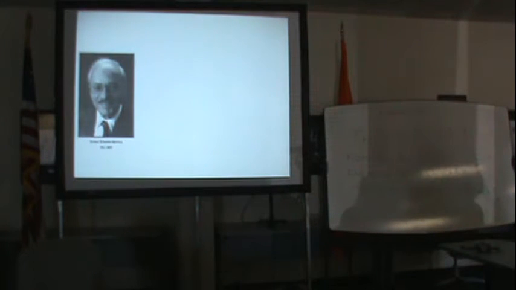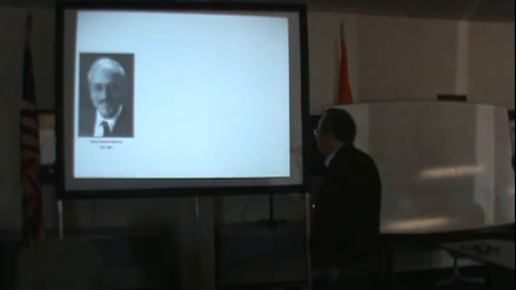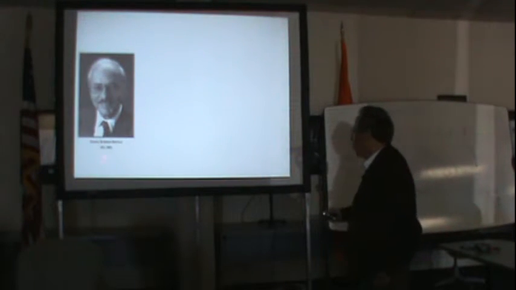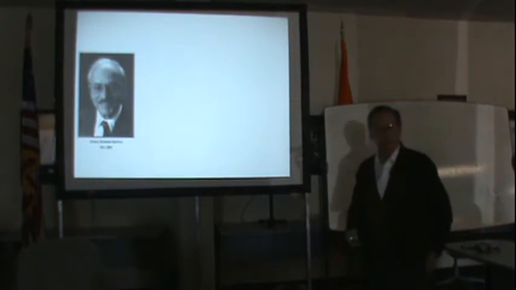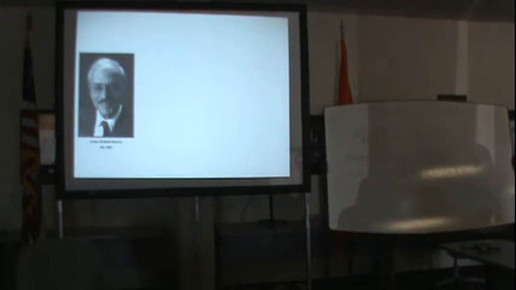This is a photograph of George Bernard Dantzig. He was born in 1914 and he died in 2005. He was from Oregon. He was born in Portland, Oregon. He is the father of linear programming, and he is the inventor of the simplex method, the procedure that we are going to learn.